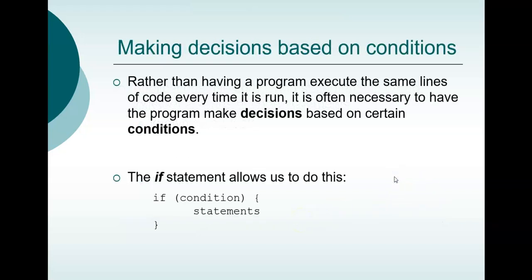Now, rather than having a program execute the same line of code every time it runs, it is often necessary to have a program make decisions based on a condition. So for example, we have a block of code with this statement. This block of code will only be executed if the expression or the condition here is true. This is just an algorithm or pseudocode.